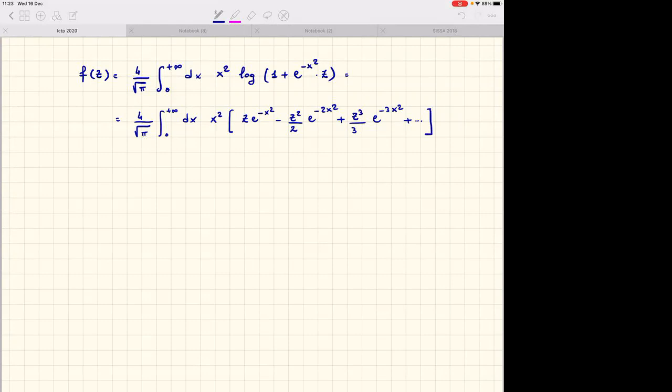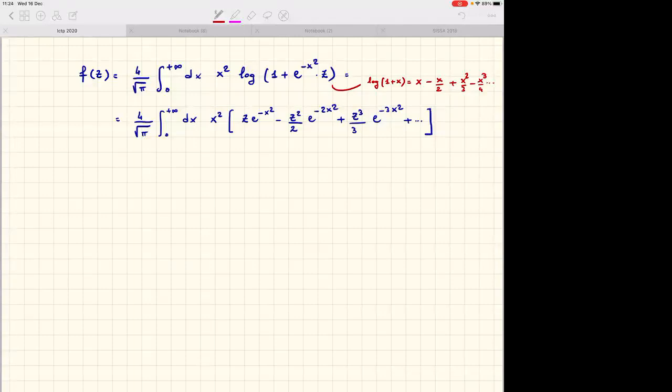This is the expansion of log of 1 plus z, right? You know that log of 1 plus x is equal to x minus x squared over 2 plus x cubed over 3 minus x to the fourth over 4, and so on. You forgot the power. Squared and cube. All right?